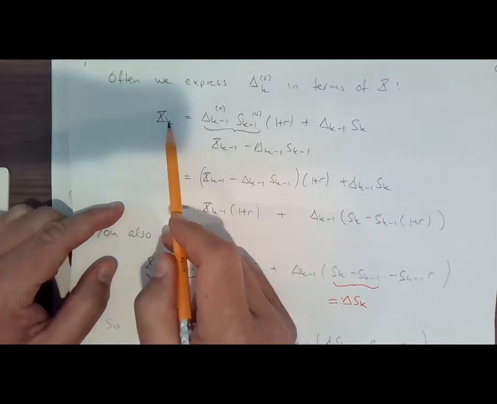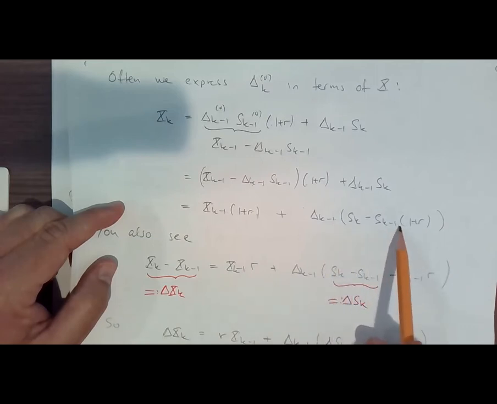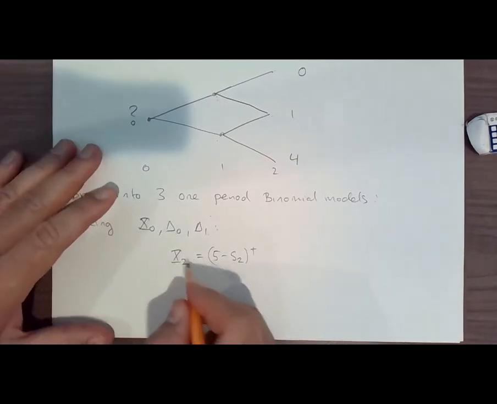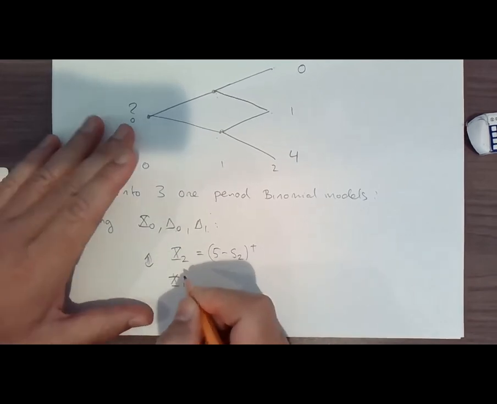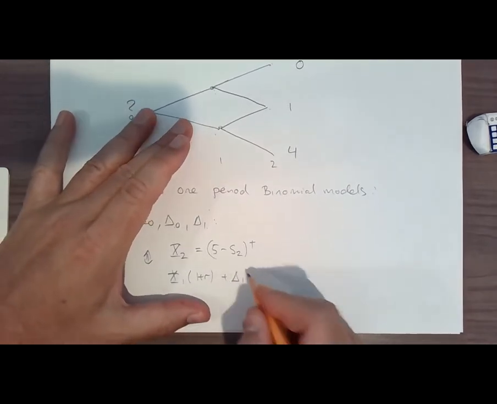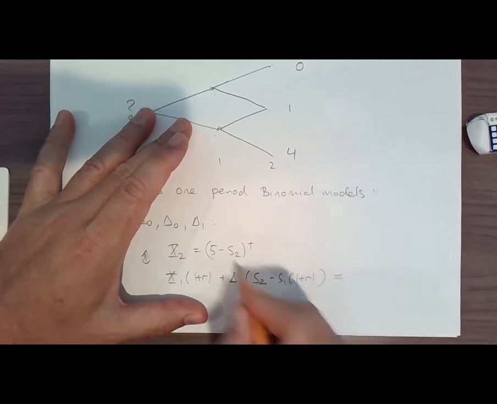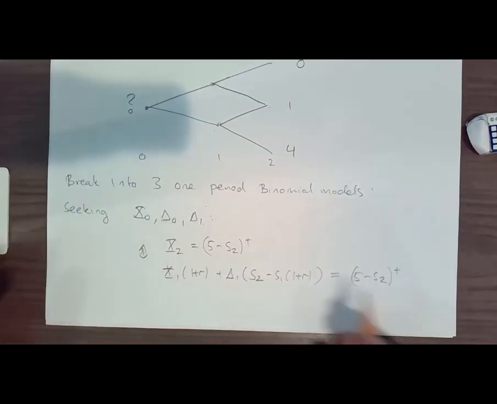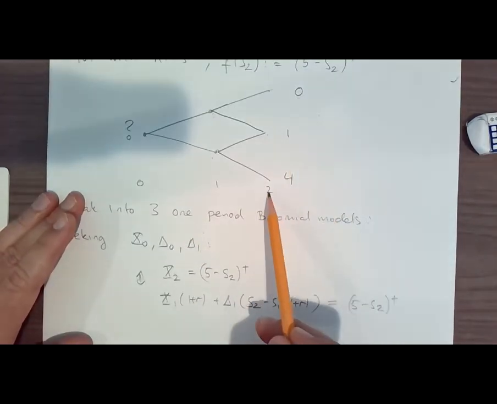So k is now equal to 2, and I'll get x1 times 1 plus r plus delta 1 times S2 minus S1 times 1 plus r. I'll plug that in. This quantity is the same thing as asking that x1 times 1 plus r plus delta 1 times S2 minus S1 times 1 plus r is equal to 5 minus S2, positive part. So I'm working here on the end model, trying to go from time 2 to time 1.